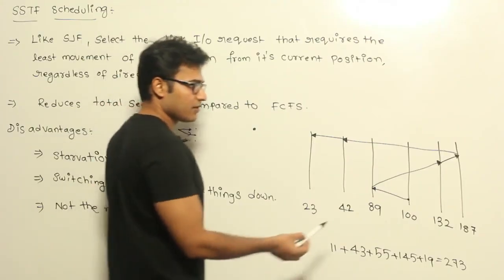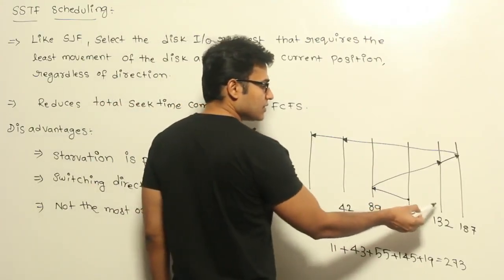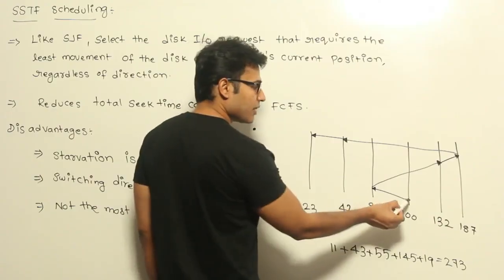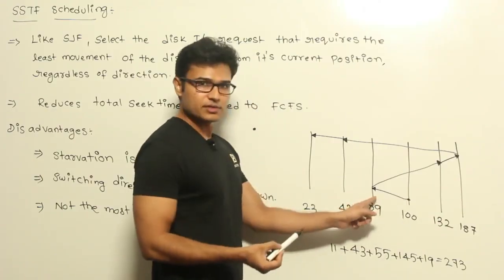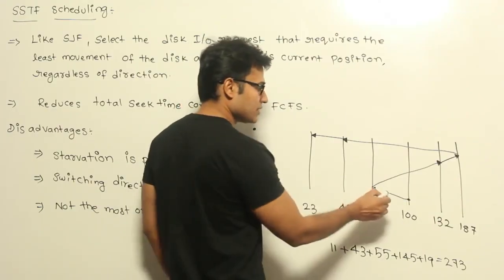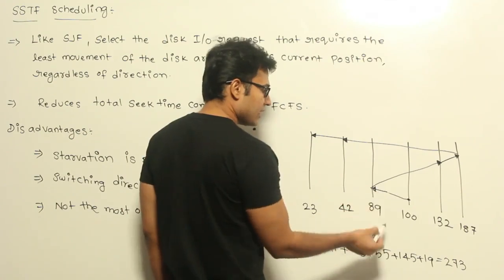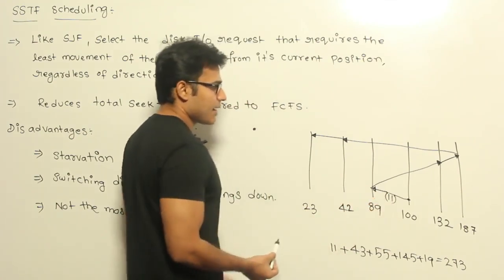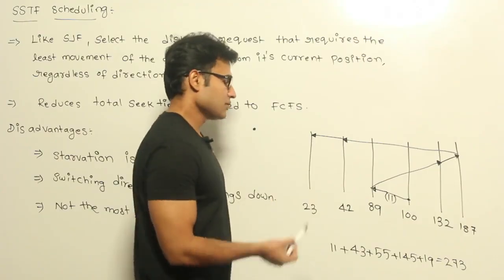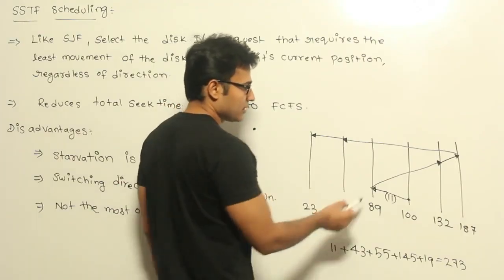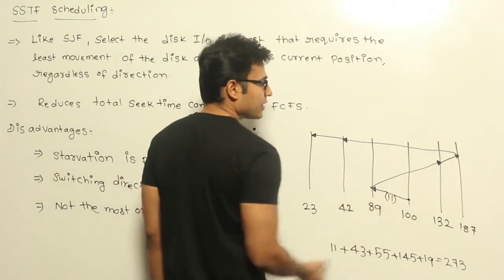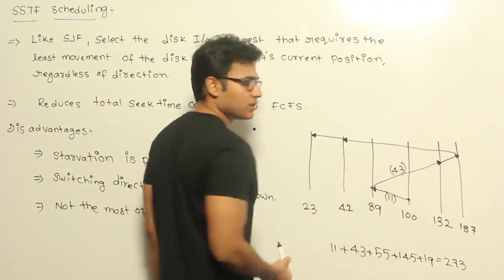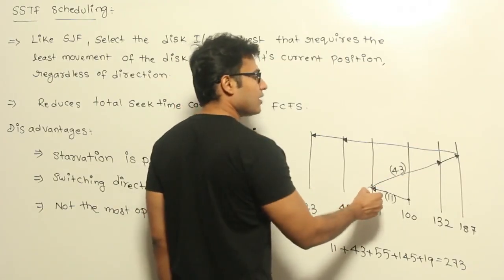From 100, if you see, this one is 32 away, this one is just 11 away, isn't it? That is why from 100 I go here, because it is the closest one. I first service this, and for this the number of cylinders I have to cross is 11, right? And from here, the next closest one will be 132, and the number of cylinders I have to cross is 43. So from here I'll be going there.